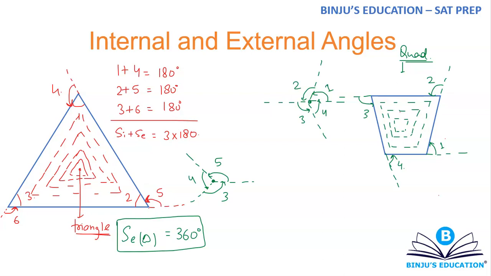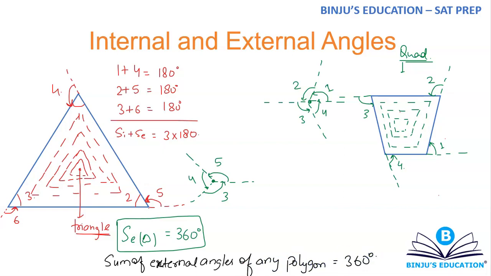So basically, what we have generalized here, and this is an important conclusion which you need to remember, is that the sum of external angles of any polygon is equal to 360 degrees. Sum of external angles of any polygon is equal to 360 degrees. Remember this.